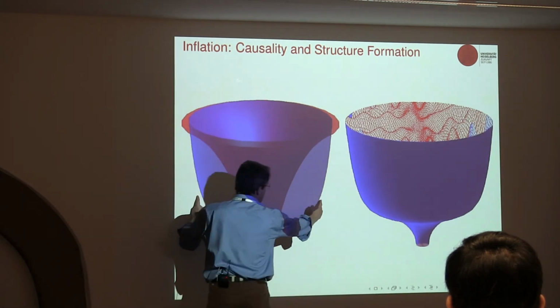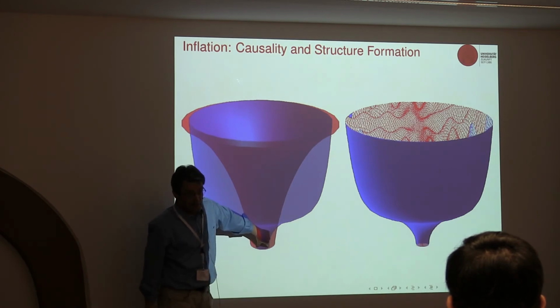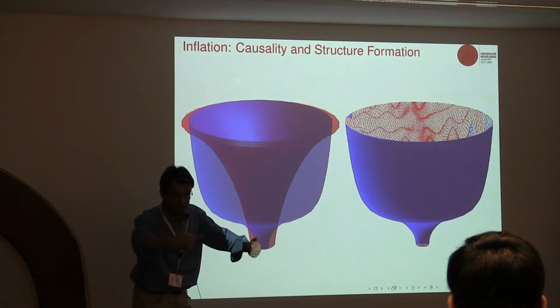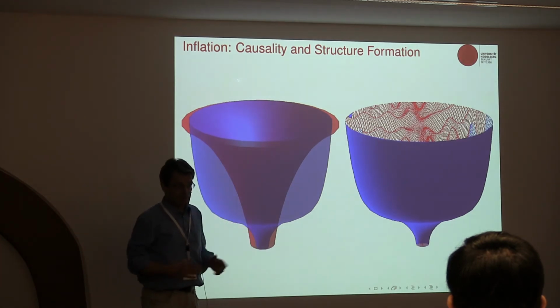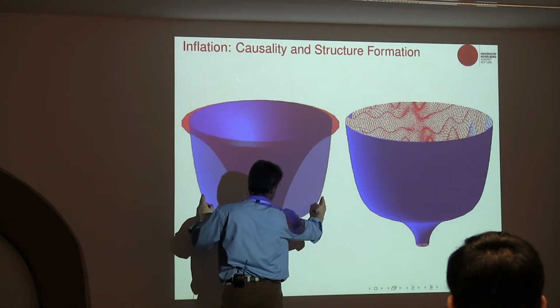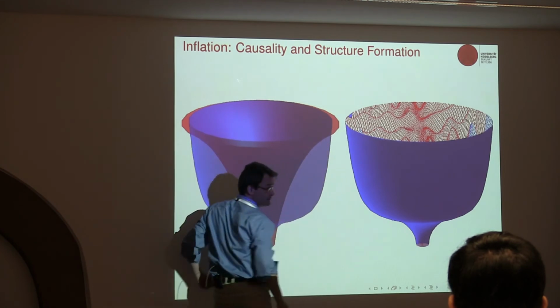And then when inflation ended, this causally connected part, which of course now is much larger than the at that time causally connected region of the universe, reached the size of the universe and remained so until today.